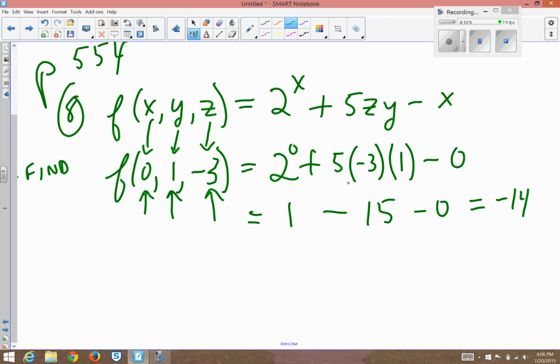So number 8 also asks to find f of 1, comma, 0, comma, negative 3.